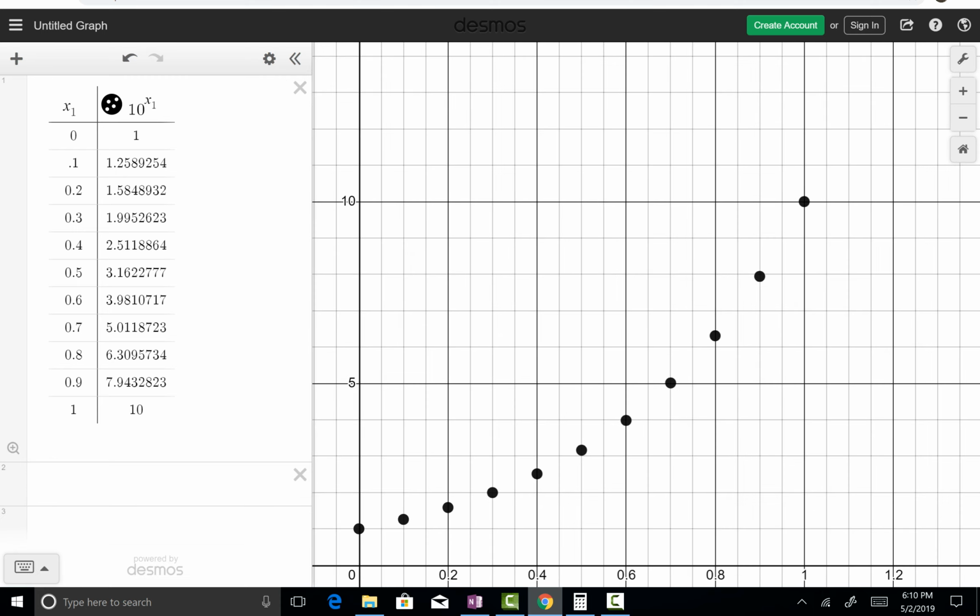There we go. So this is an exponential curve.